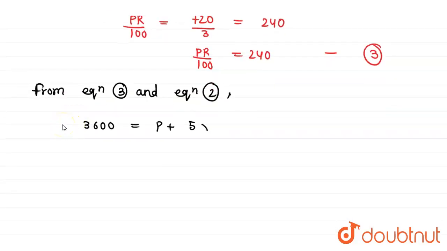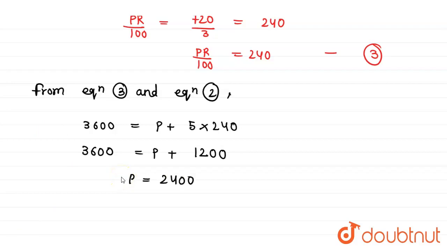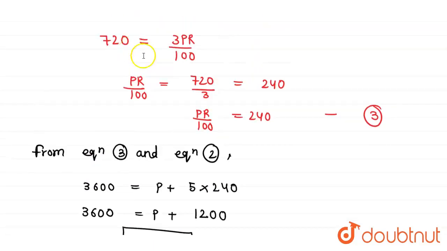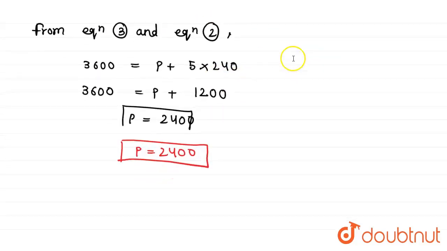So 5 times PR by 100, and the value of PR by 100 is 240. So 3,600 is equal to P plus 1,200. Now from this the value of P comes out to be 2,400. The value of P is 2,400. Now we will put the value of P in equation 3 for getting the value of R.